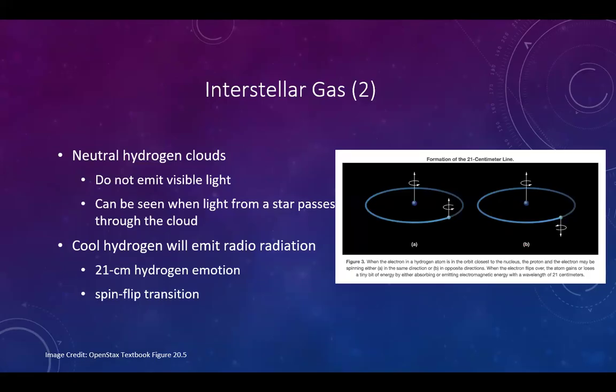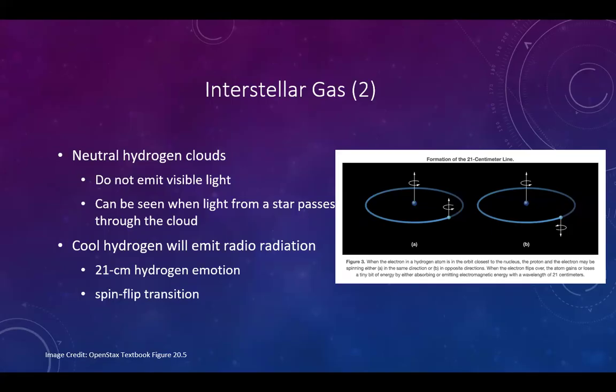And what happens in a hydrogen atom is that the nucleus of a hydrogen atom, the proton, has a magnetic field, a spin, and so does the electron. And they can either be lined up or opposed.